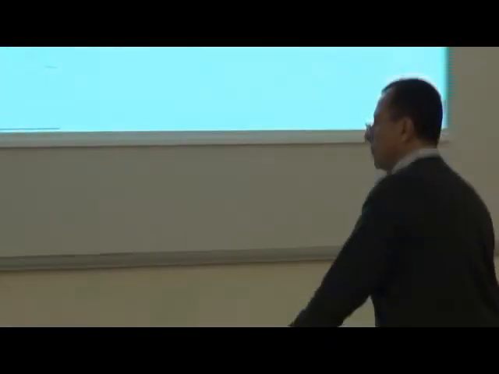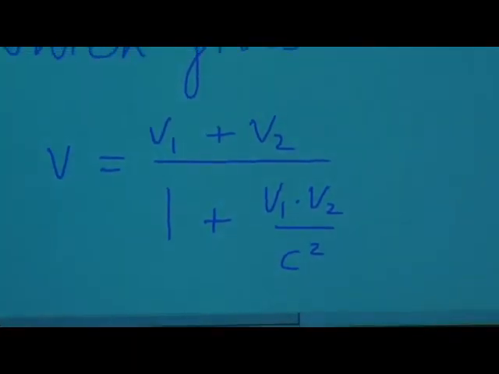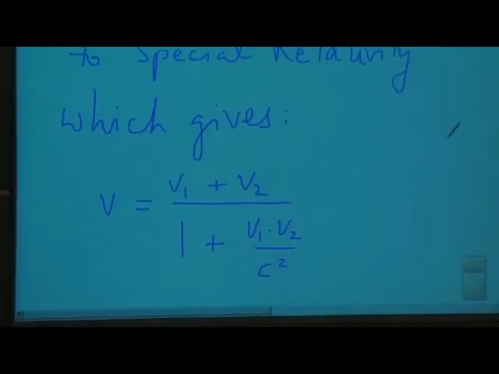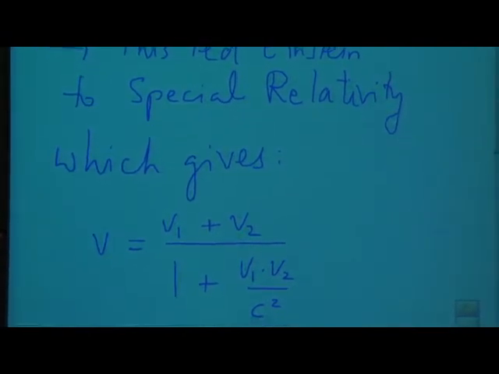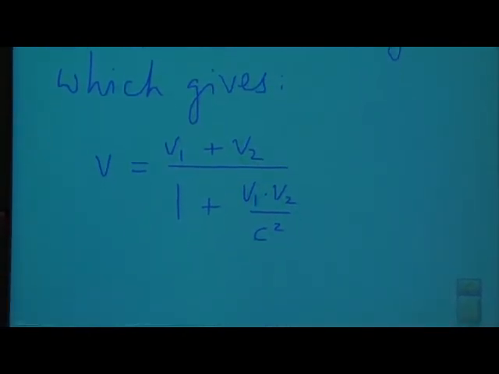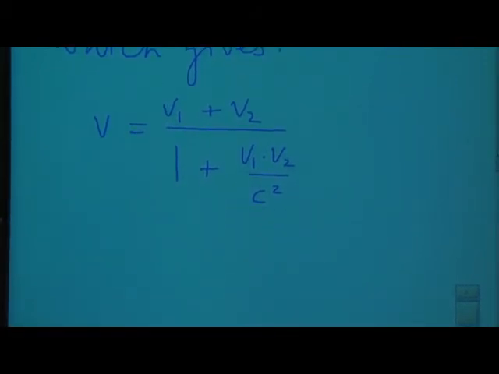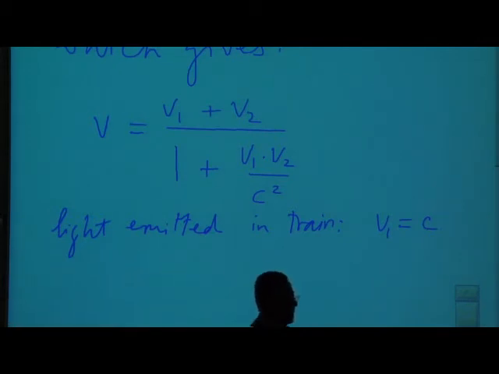Now let us see what this will give us in the case of the light traveling inside the train. In that case, light emitted in train. So V1, the velocity of the thing that's moving in the train, is C. Okay?